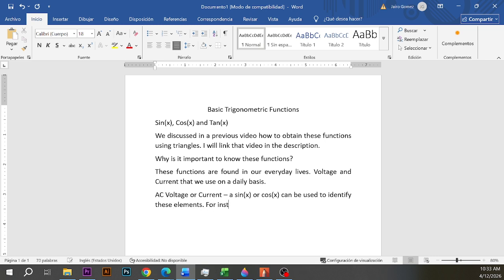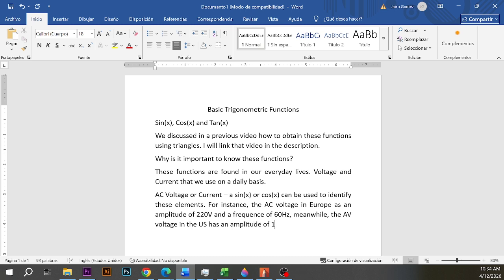So for instance, the AC voltage in Europe has an amplitude of 220 volts and a frequency of 60 hertz. Meanwhile, the AC voltage in the US has an amplitude of 120 volts and a frequency of 60 hertz.